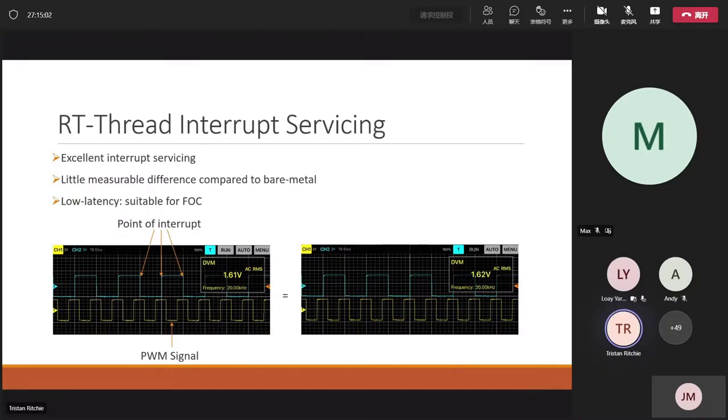We can see that there's virtually no difference between these two images, which shows that RT-Thread interrupt servicing is absolutely suitable for field-oriented control.